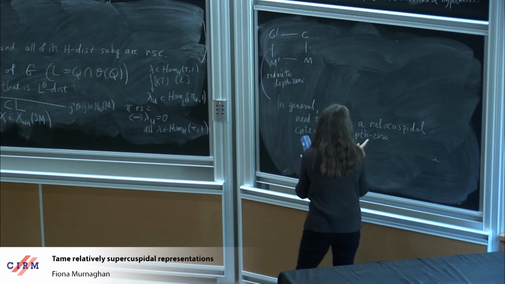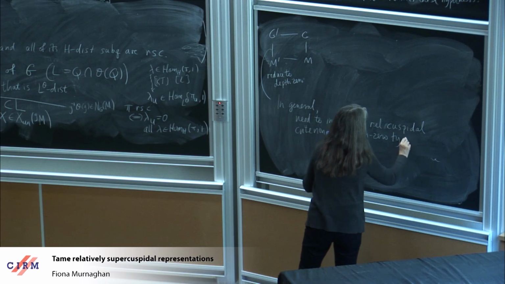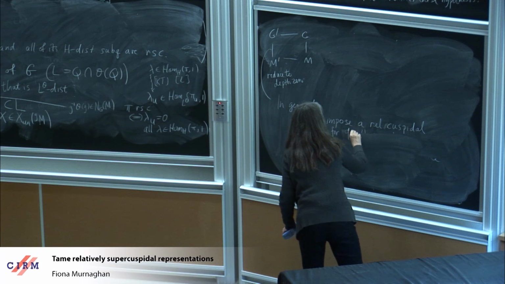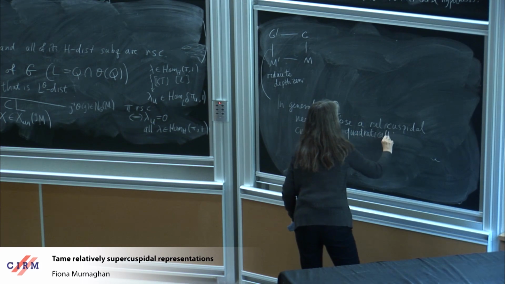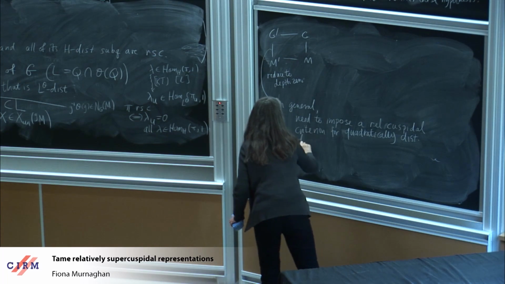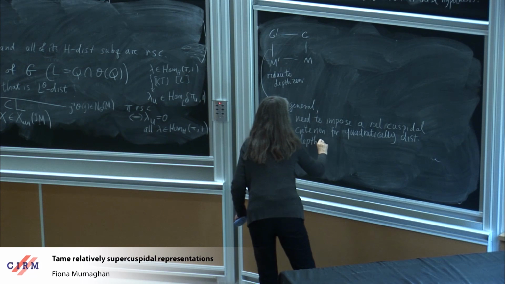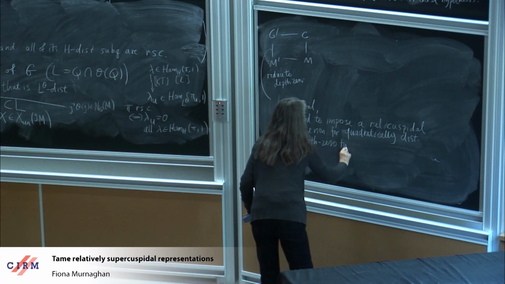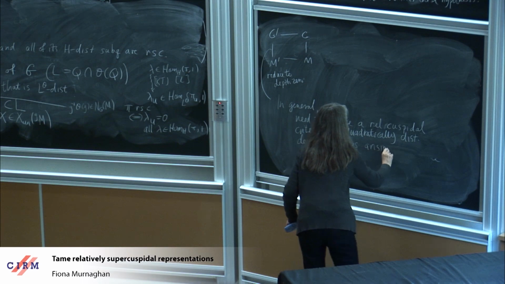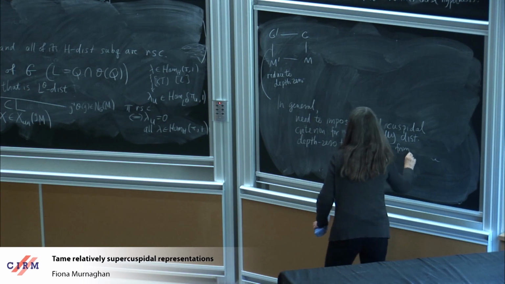Actually, depth zero types for quadratically distinguished representations, arising from our types that we had.